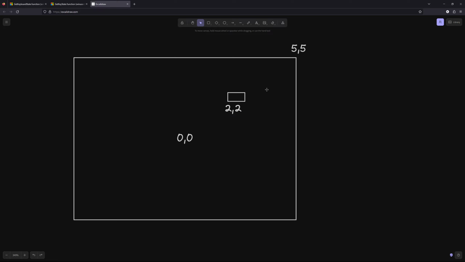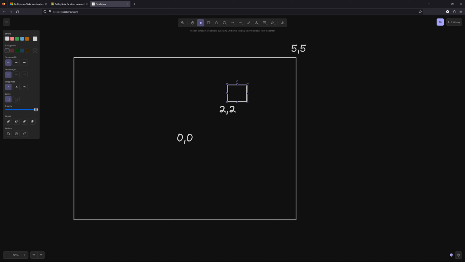2, 5. Okay, so if we pass in 2, 2 and some kind of dimensions, so 2, 5.